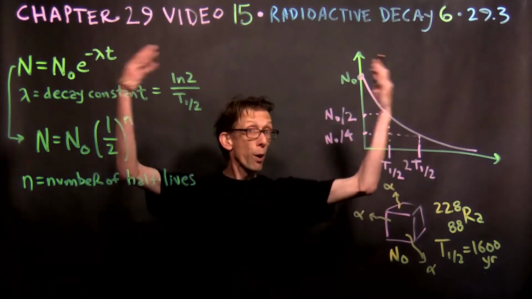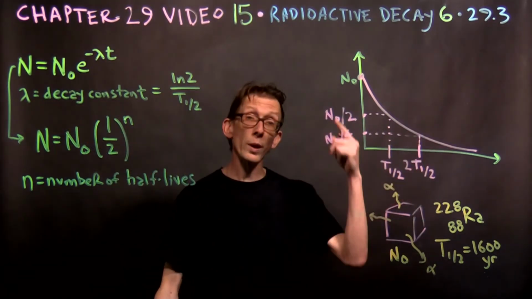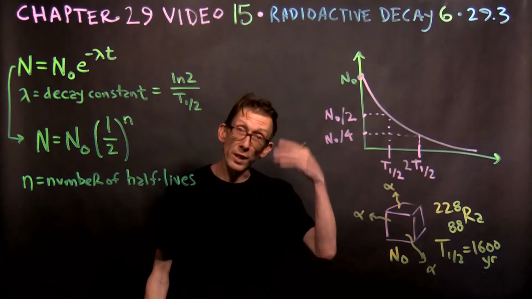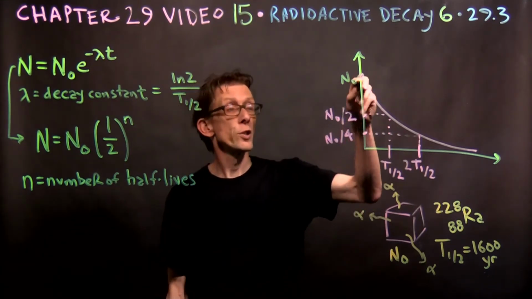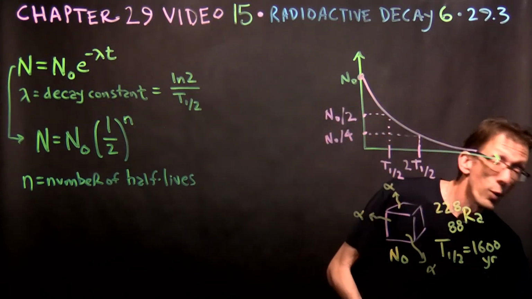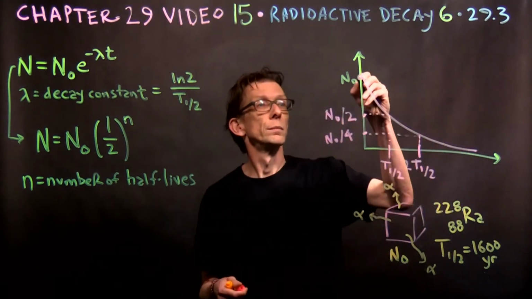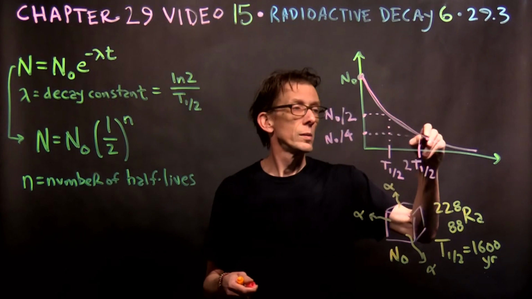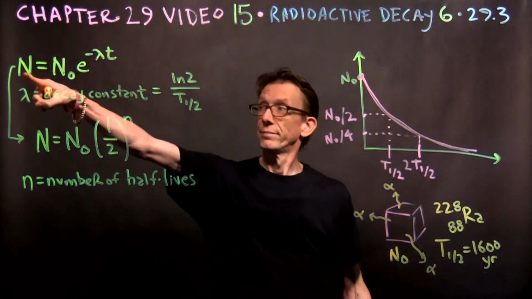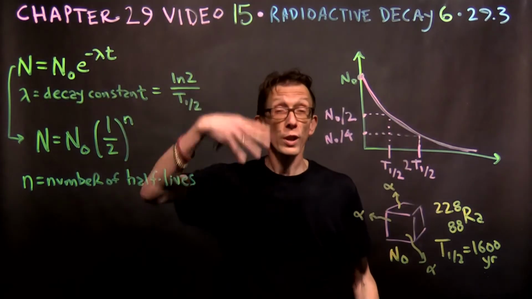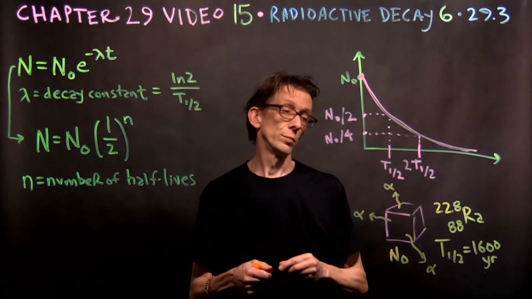And every time an alpha particle is emitted, that's one radium nucleus that's decaying and becoming something else. This curve here tells you how many radium-228s you have left. That's what N is, how many of the original nucleus you have left over.